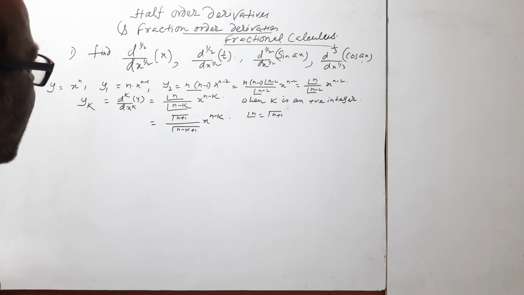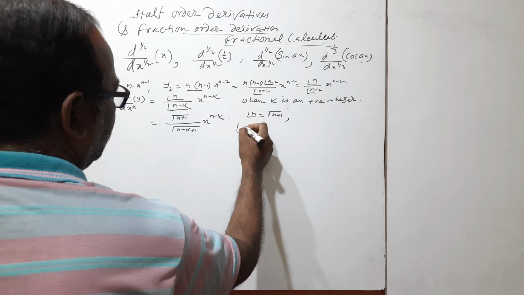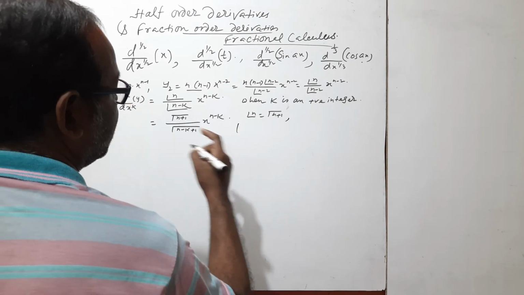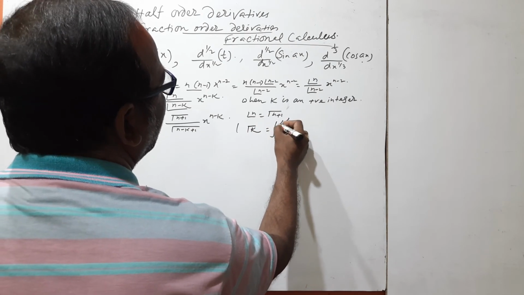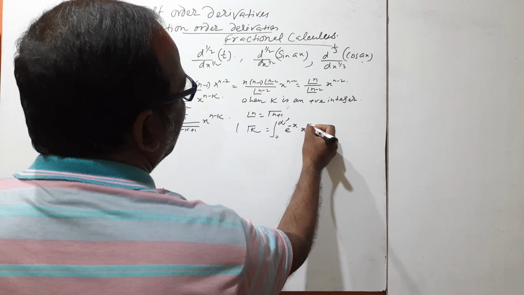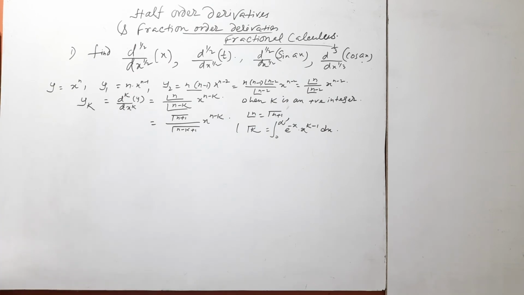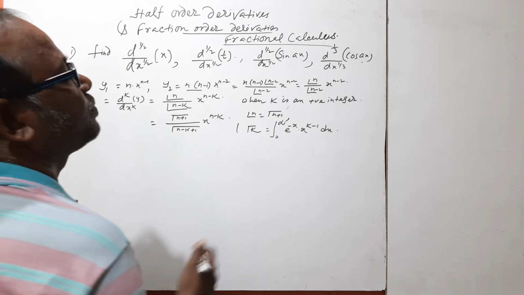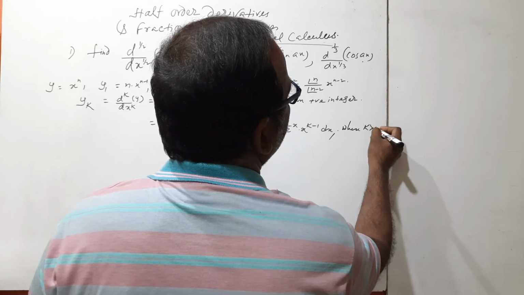So in that case, where k would be a fraction, for the gamma function, gamma k is the integral from 0 to infinity of e to the power minus x, x to the power k minus 1, dx, where k is more than 0.